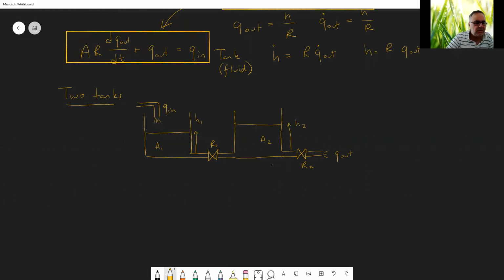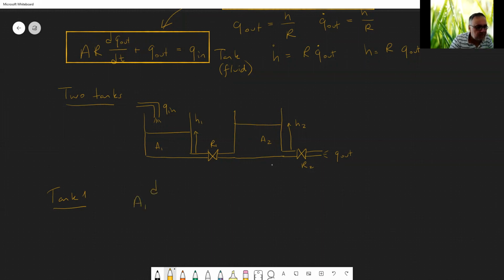So we write the continuity equation, or the conservation of mass equation, which is the same thing, for both tanks. And for example, for tank 1, you will get 2 equations in this case, because you are writing equations for each tank.